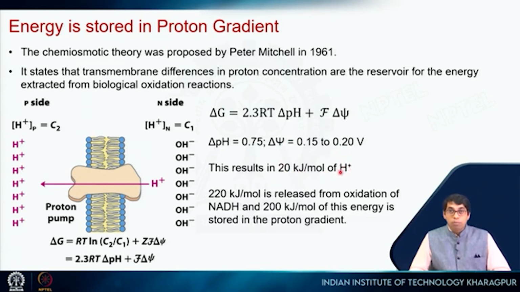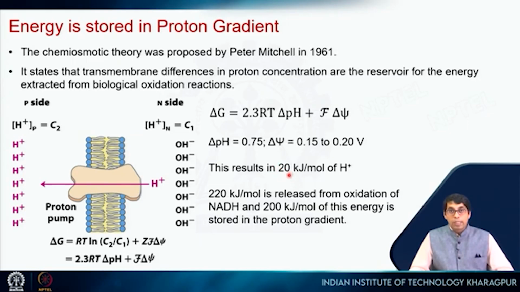So for 1 mole of proton, the delta G is 20 kilojoules, right. Now when 2 electrons are transferred from NADH to oxygen, 10 protons are pumped out, right.